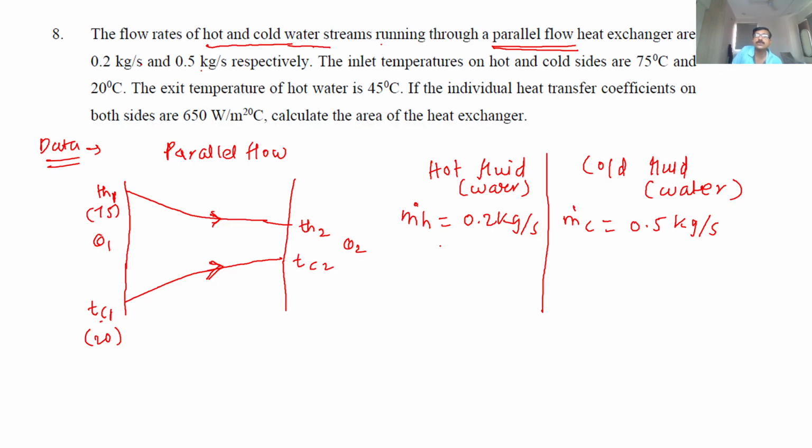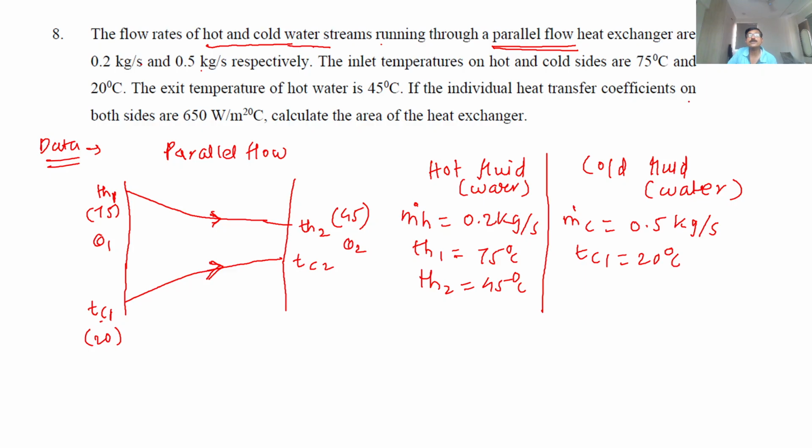TH1 is equal to 75 degrees Celsius. TC1 is equal to 20 degrees Celsius. The exit temperature of hot water is 45. Exit means 2 and hot means H, so TH2 is equal to 45 degrees Celsius.